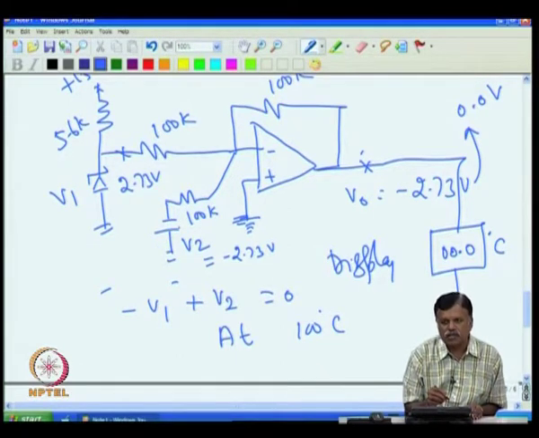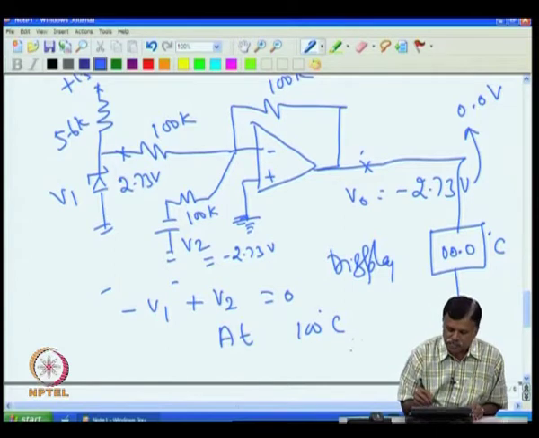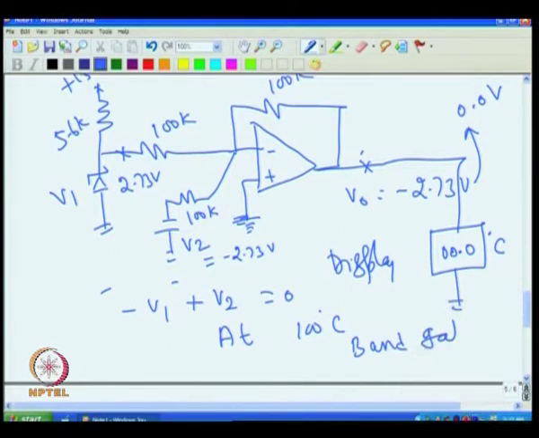The stable Zeners you can get are the bandgap Zeners, which are very stable. For example, the classical one is the LM336, which gives you 30 ppm stability against temperature. It is available in 2.5 and 5 volt varieties. So, they will give a very stable voltage against temperature.